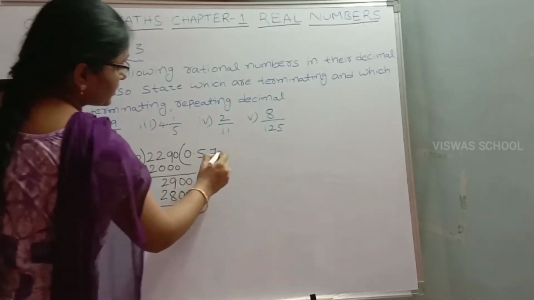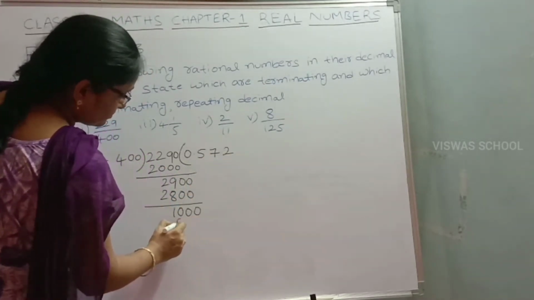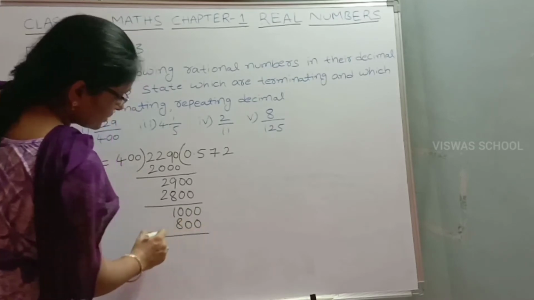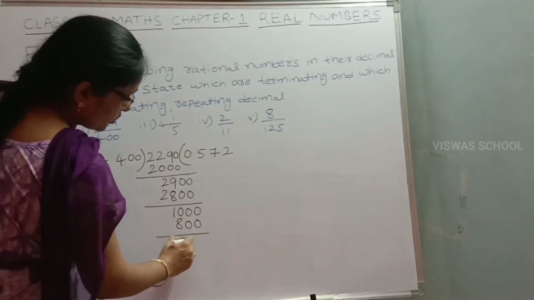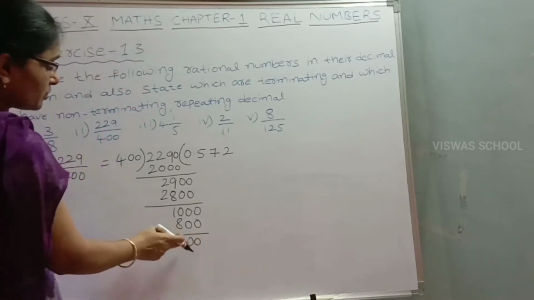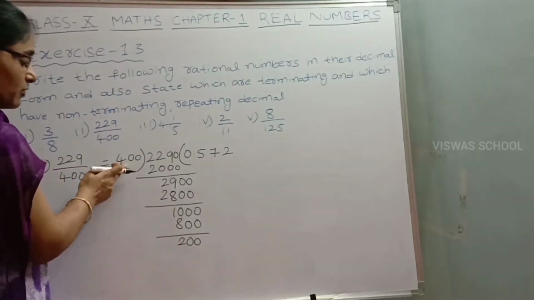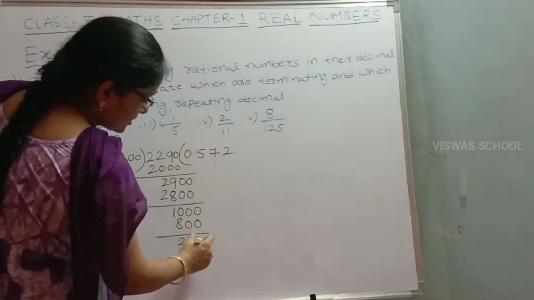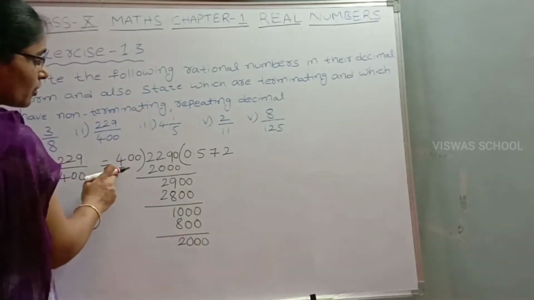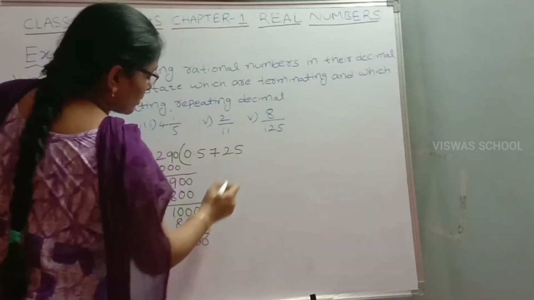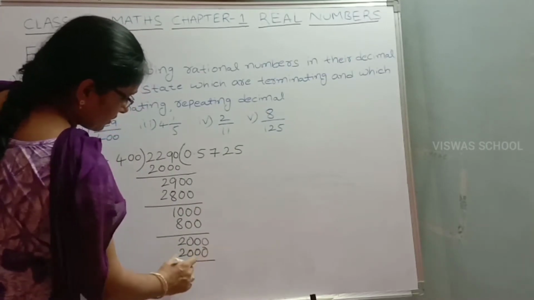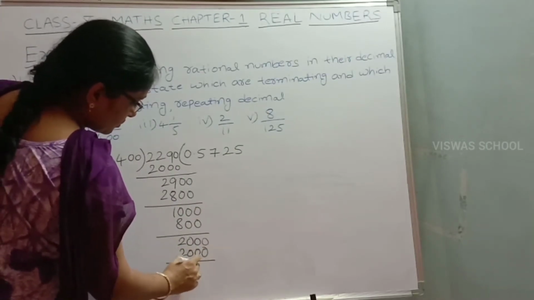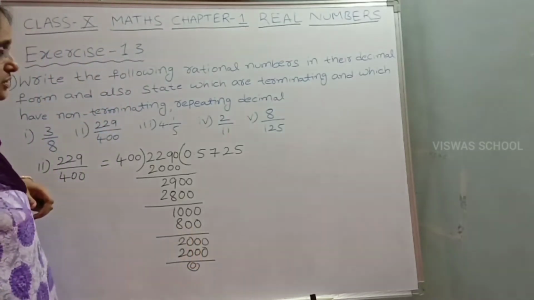Now 400 2s are 800. Now 1000 minus 800 is equal to 200. Now 200 is not divisible by 400. That's why I am taking here 0. That is 400 5s are 2000. 2000 minus 2000 is 0.